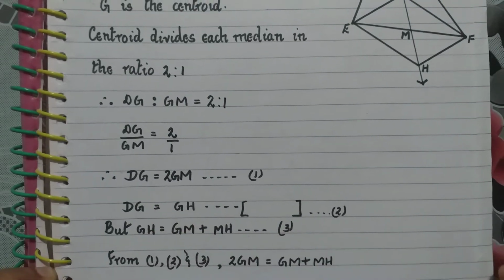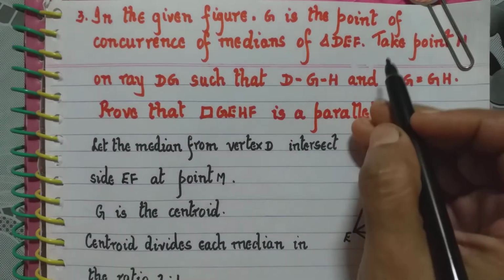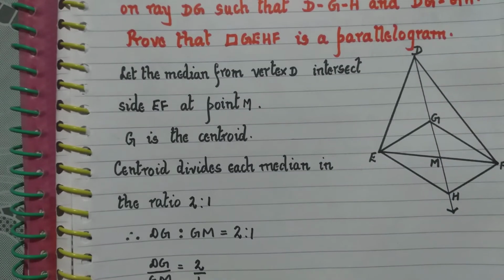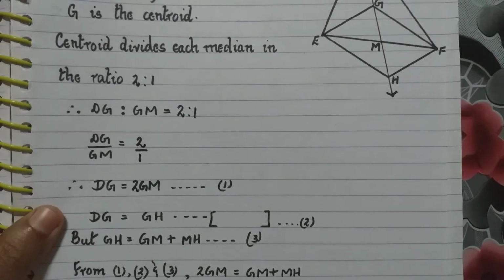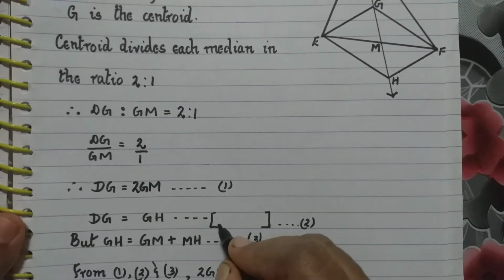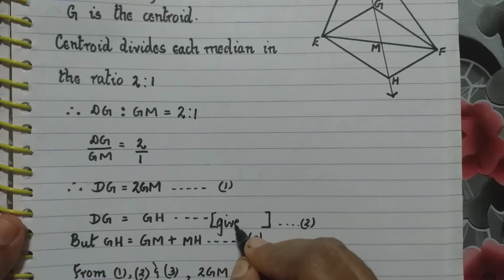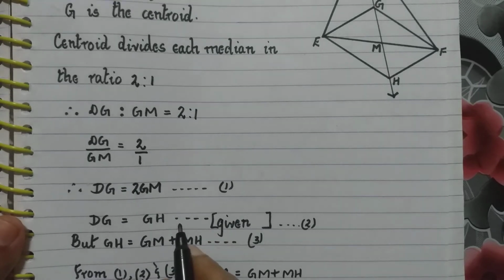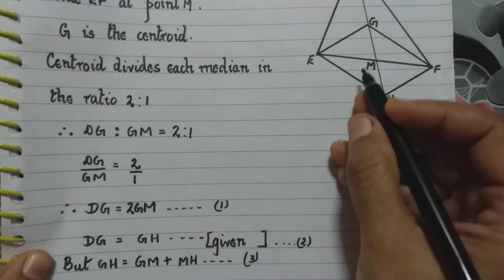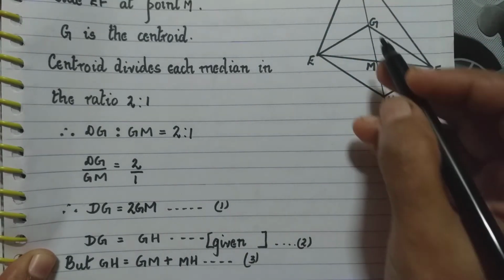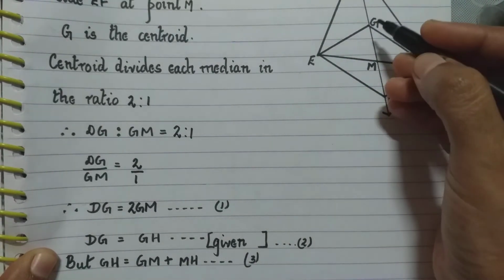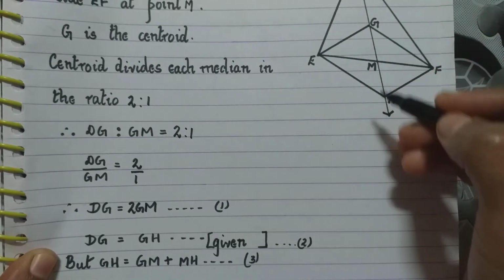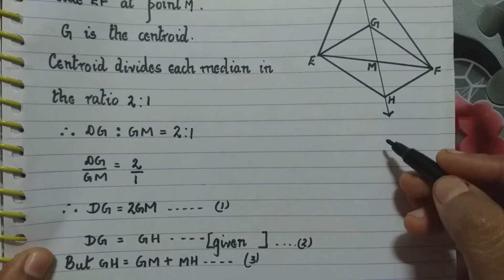Now I have here DG is equal to 2GM. Also they had given something about DG. What did they say? DG is equal to GH. So they have given DG is equal to GH, that is given. So we have two things about DG. One, that DG is equal to 2GM. Other, DG is equal to GH. Now look at this GH. What is this GH made up of actually? GM plus MH, right? We can add GM and MH and it becomes GH.